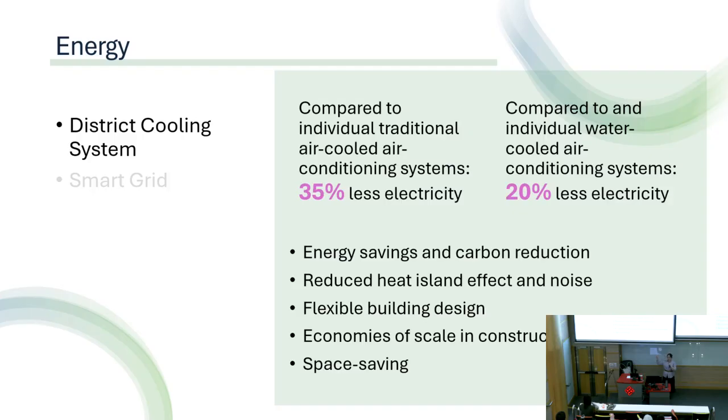For the water-cooled, it's around 20%. So in theory, we can save the energy used for cooling and thus reduce carbon. At the same time, because we only have one single unit to do this heat transfer, it has less noise impact on the surroundings.